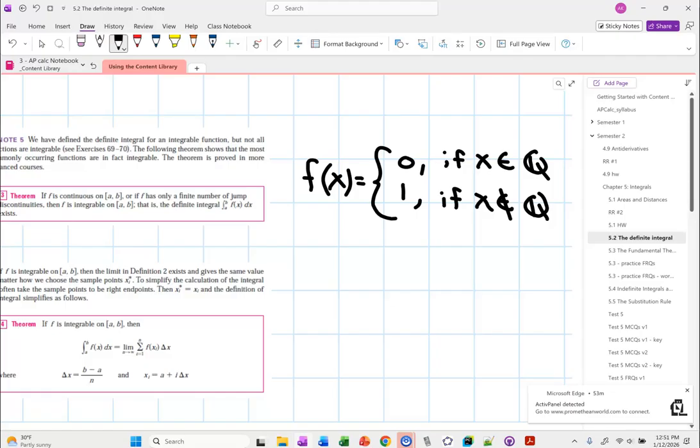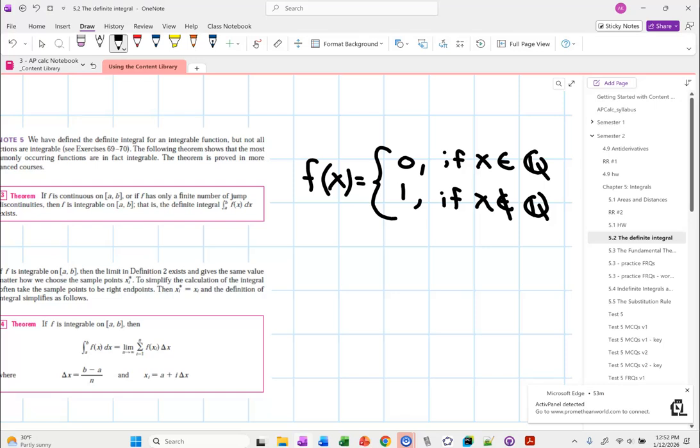So your canonical example would be something like this. This function is a piecewise function. The function's value is 0 if x is a rational number, and it's 1 if it's not.